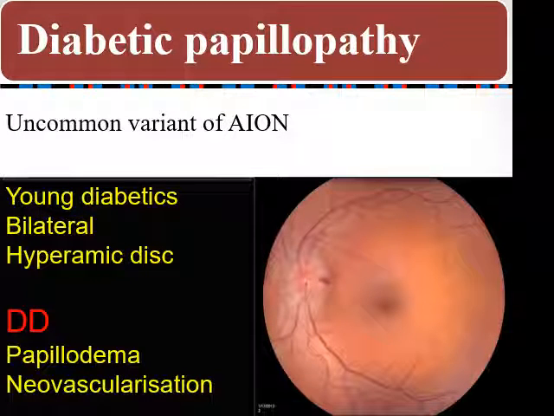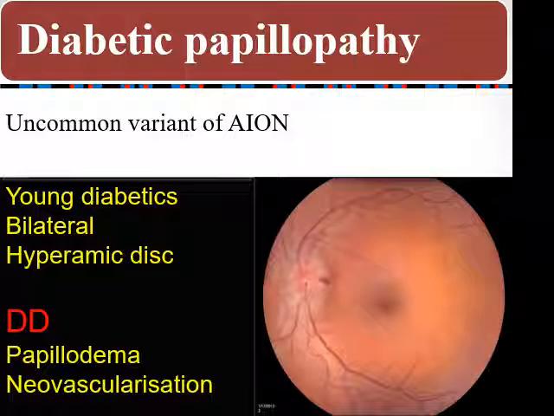Diabetic papillopathy is postulated to be an uncommon variant of anterior ischemic optic neuropathy. However, it occurs in younger diabetics. It may be bilateral, and in cases of bilateral diabetic papillopathy, papilledema due to increased intracranial tension should be excluded.